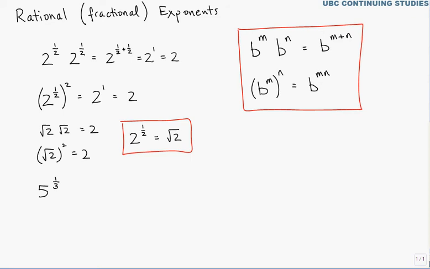So let's see some other fractions as exponents. How about a fraction, a third? So 5 to the power of 1/3. We can do exactly the same thing that we did above to figure out what 5 to the power of 1/3 really means.